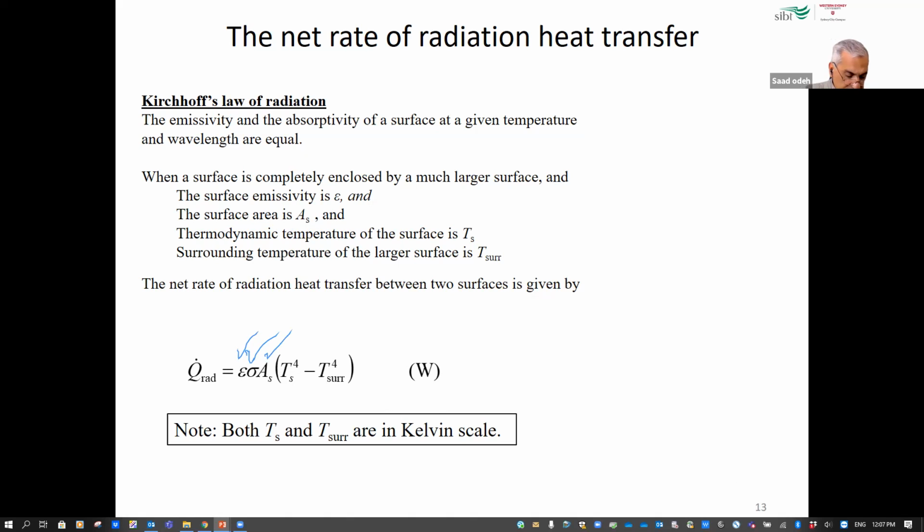So be careful, please. When you substitute the value of temperature in this equation, it must be in Kelvin. Otherwise, you'll get the wrong answer.